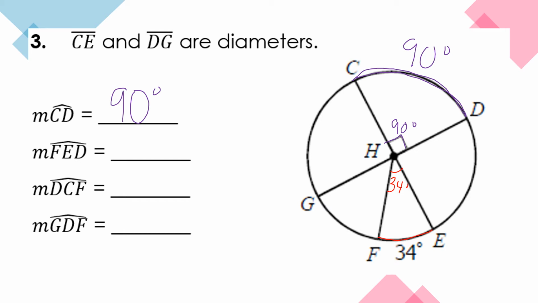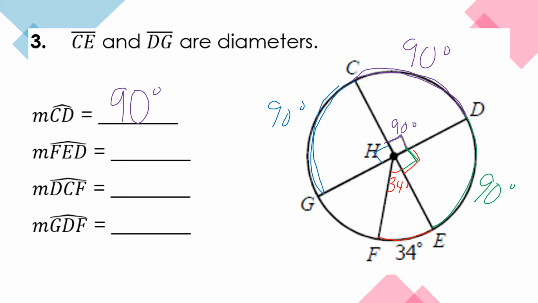So to find arc DE, or angle DHE, we would need to do 180 minus 90, which means that's going to be a 90 degree angle. So that's 90, and this is also 90. Likewise, the same thing is going to be true for arc CG. It's going to be 90 because DG is a diameter, which means angle CHG is also 90 degrees.